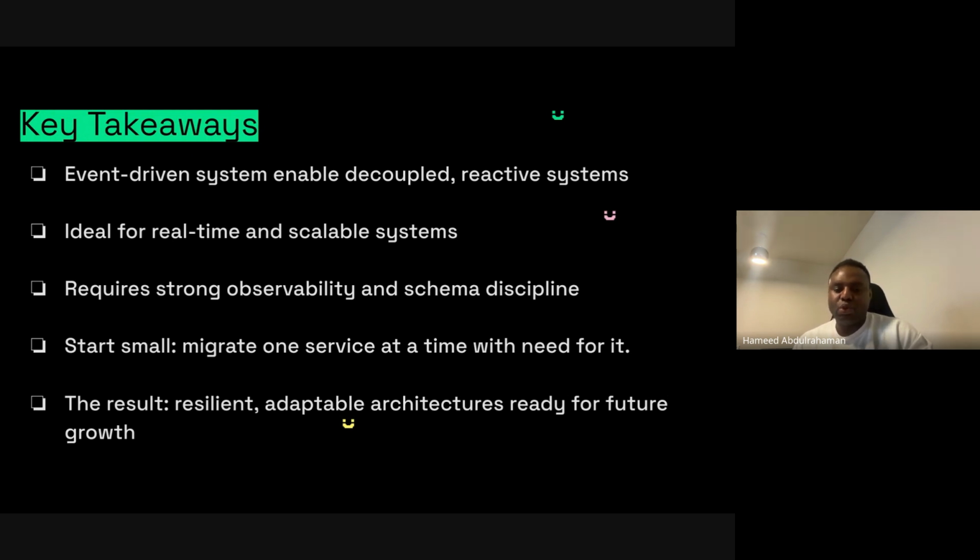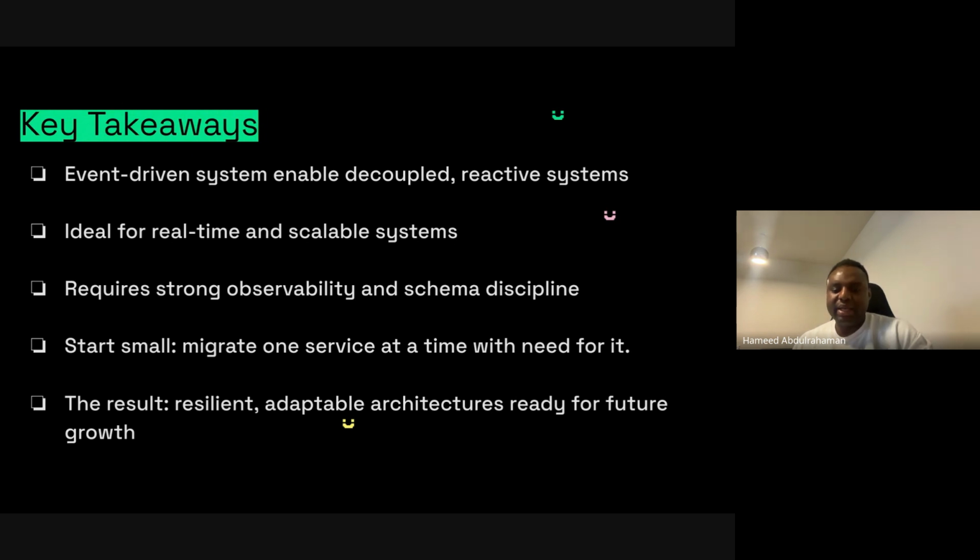If you do so, you get a resilient system, whereby if there's a failure in one service, you don't have to worry about the entire system breaking down. Then you fix the failed service. The good thing about these brokers is they're able to store events for a while, so you can replay events again.